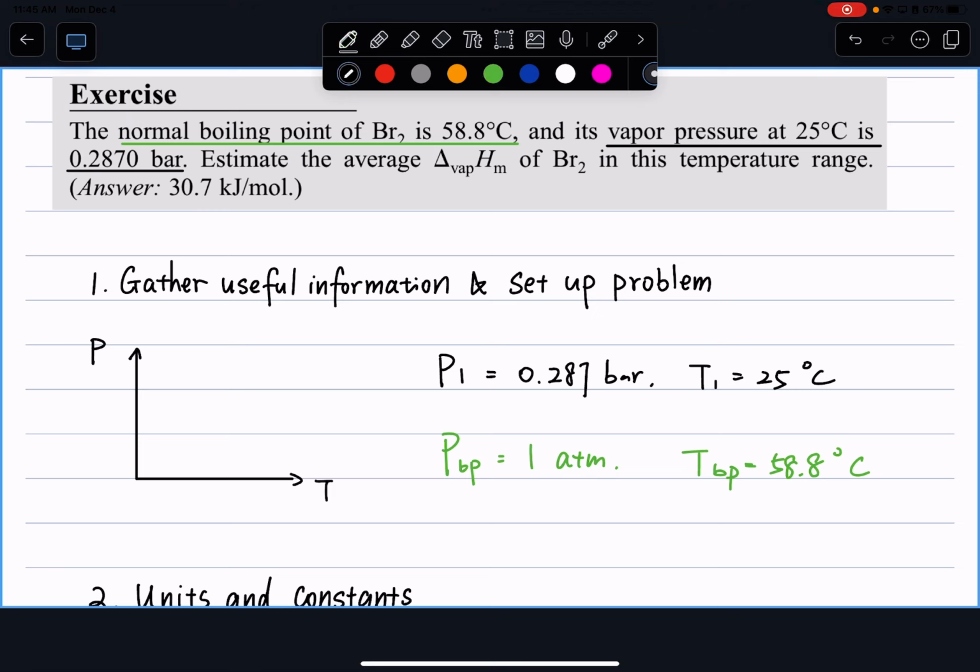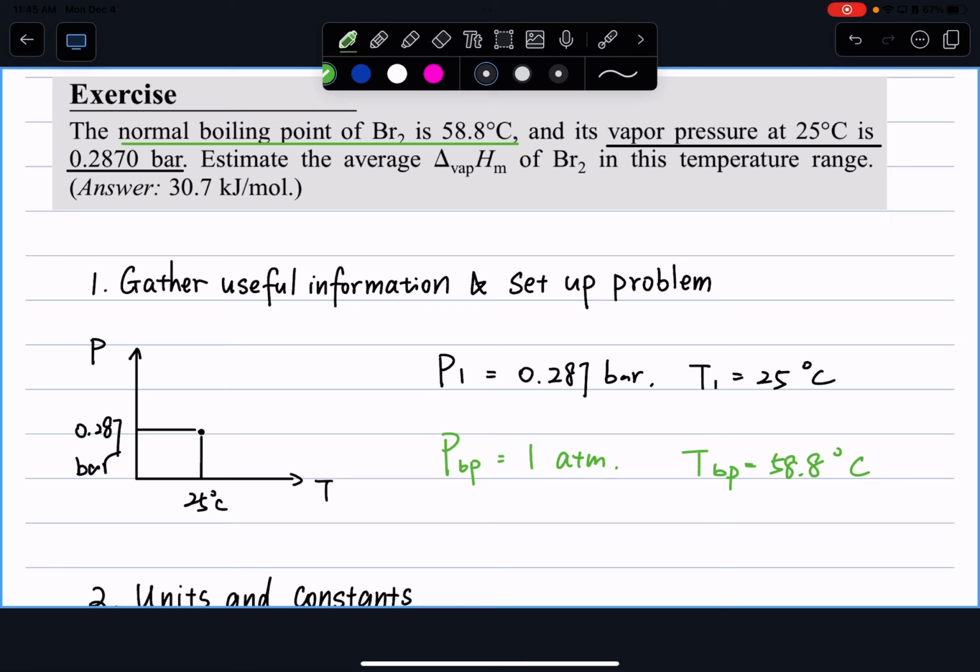All right, so if we put these two points here, that's my P1. Your T1 is 25 degrees Celsius, your P1 is 0.287 bar.